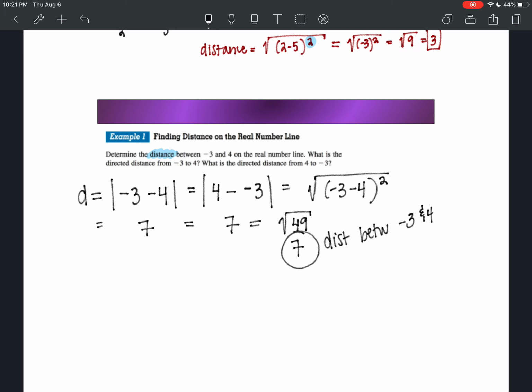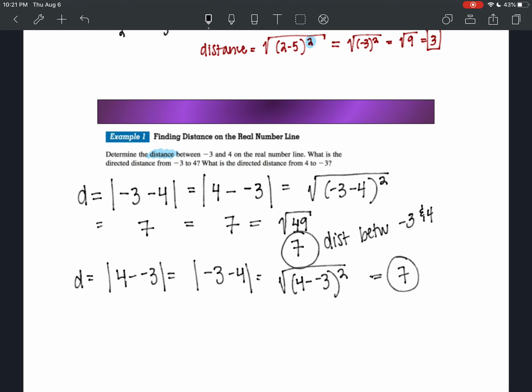Now what happens if we go from 4 to -3? Well, that would be 4 minus -3, or -3 minus 4, or the square root of 4 minus -3 quantity squared. And in each case, that is also 7. Now, what is the directed distance?